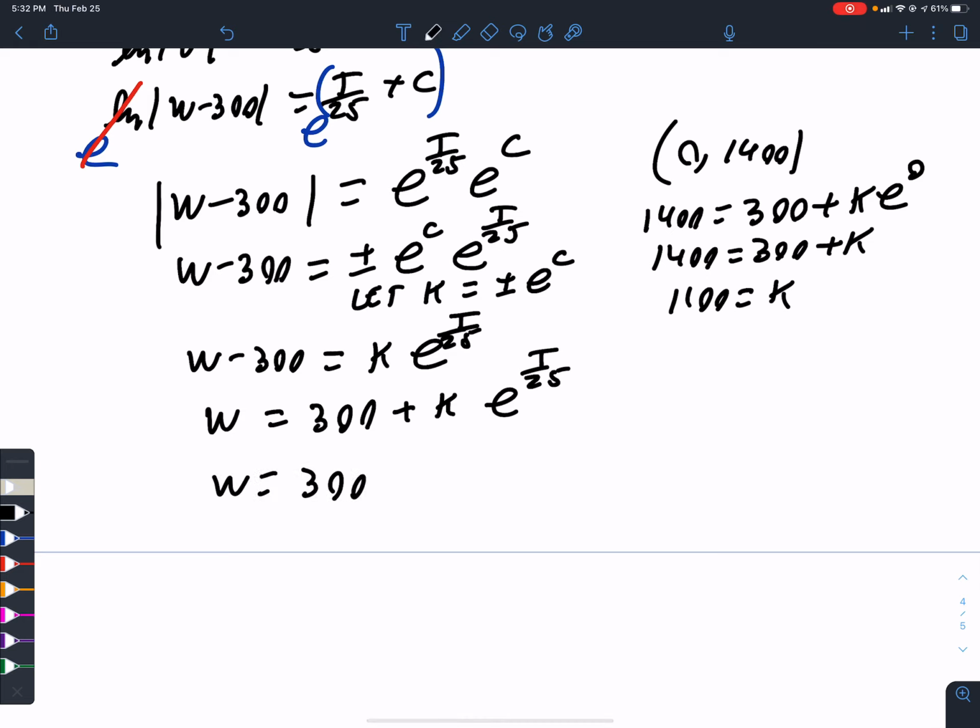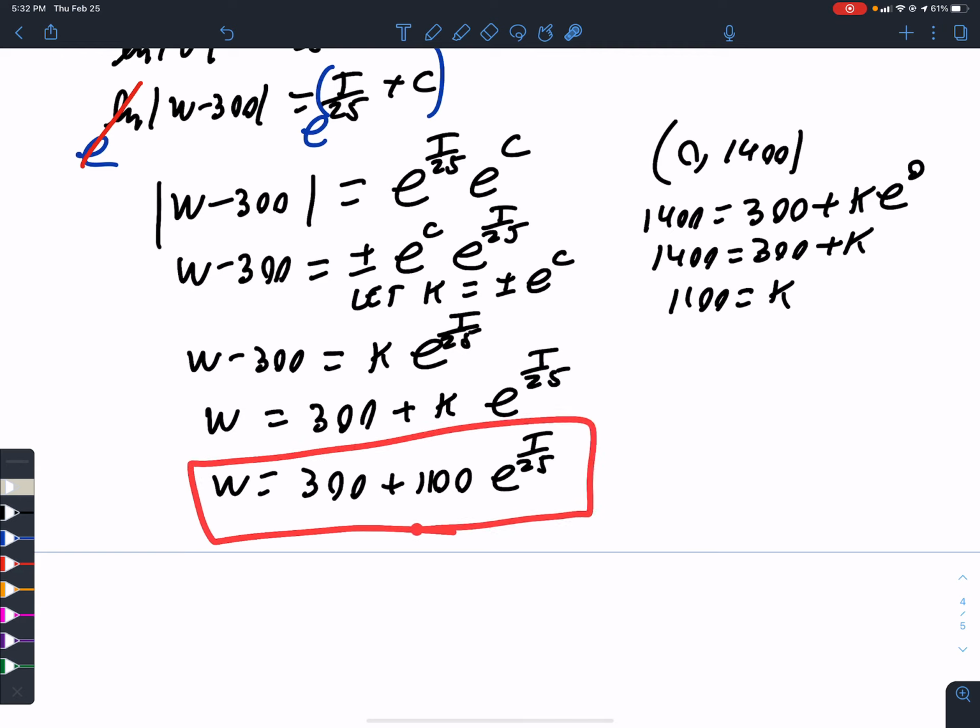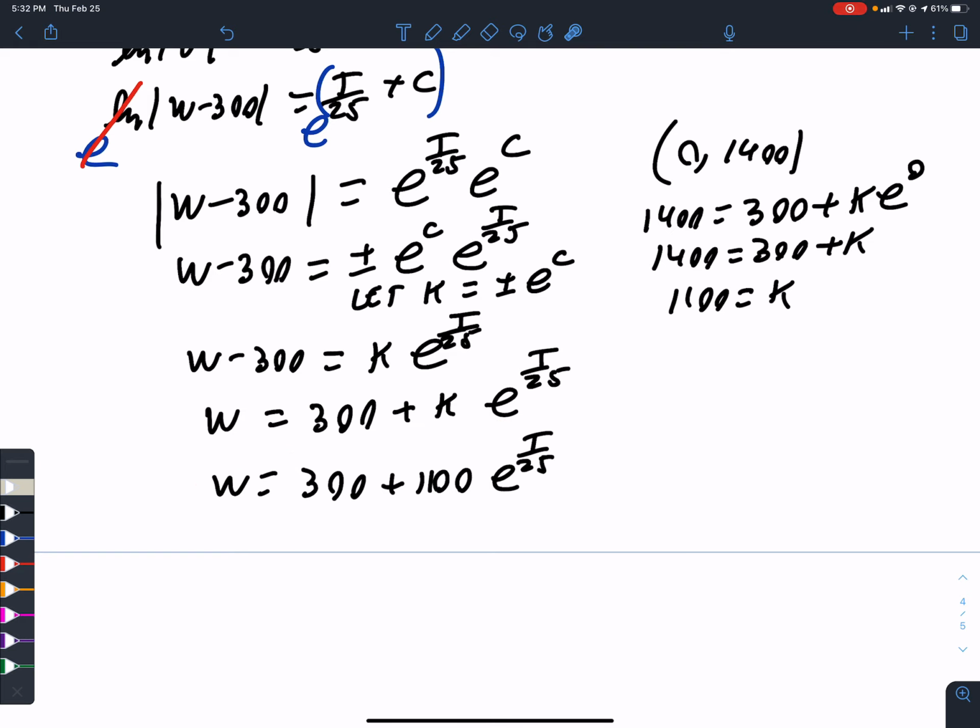And so what happened, remember we couldn't figure out, is it positive? Is it negative? I'm not sure. Well, by plugging in the initial conditions, the positive negative took care of itself. I didn't have to do it. It just took care of itself. And here is my answer for the particular solution. So that's that.